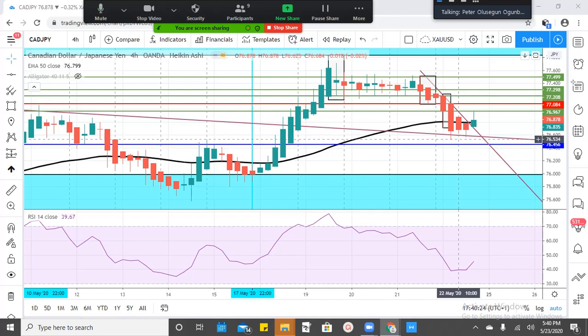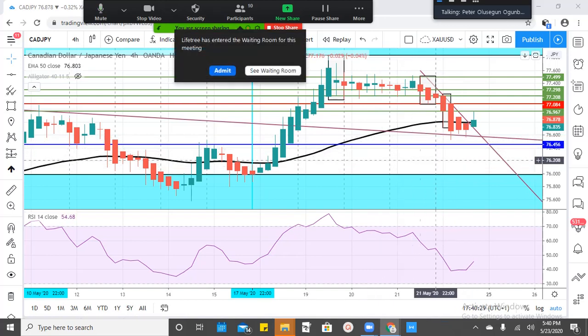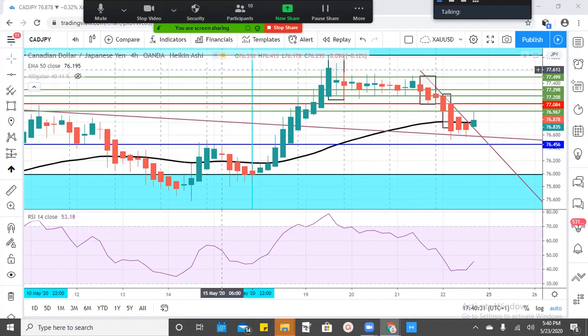Now, the way we enter the market is also the way we plan our exit.